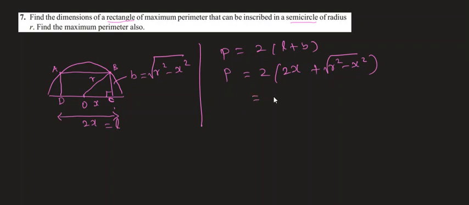Now 4x plus 2 into the square root of r squared minus x squared is equal to P.